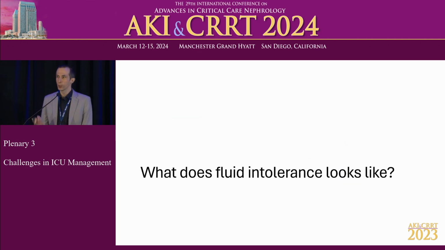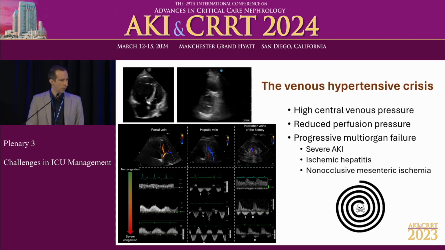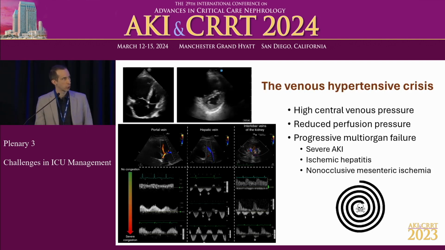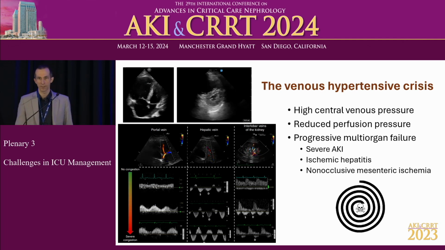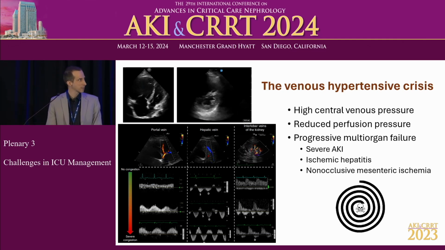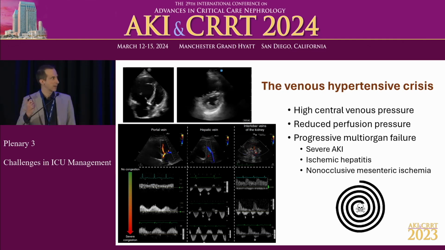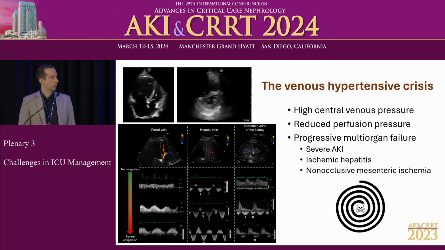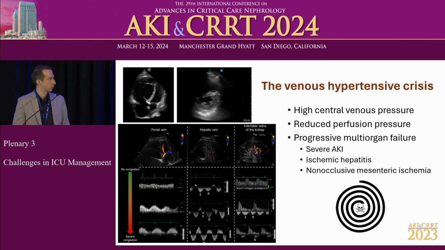So what does fluid intolerance look like? Well, I have two patient prototypes to suggest. One is one that Dr. Andrew Shaw talked about a lot yesterday, the venous hypertensive crisis, where you have a very high central venous pressure from cardiac dysfunction and reduced perfusion pressure, the differential between the arterial and the venous pressure.